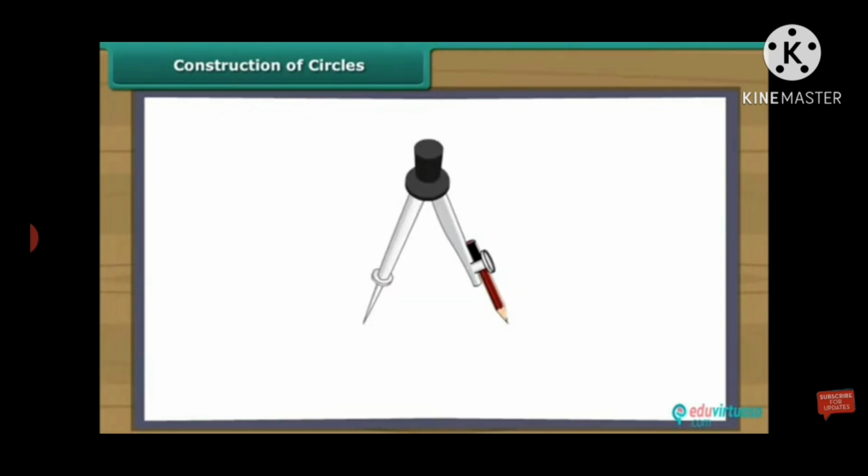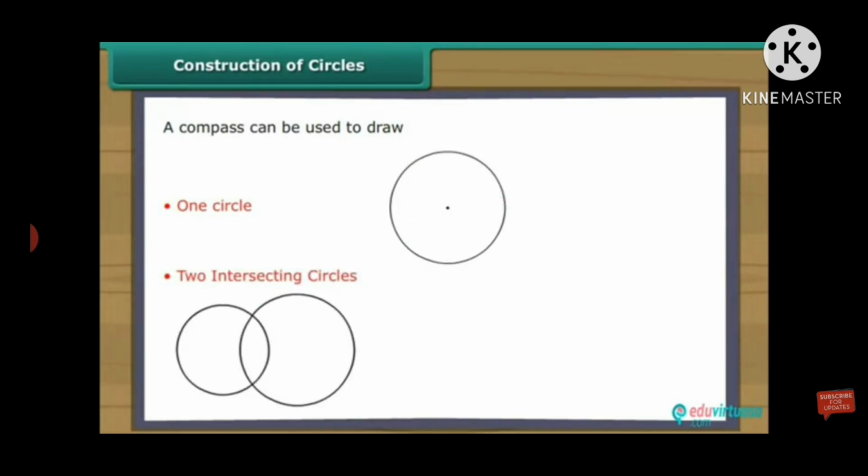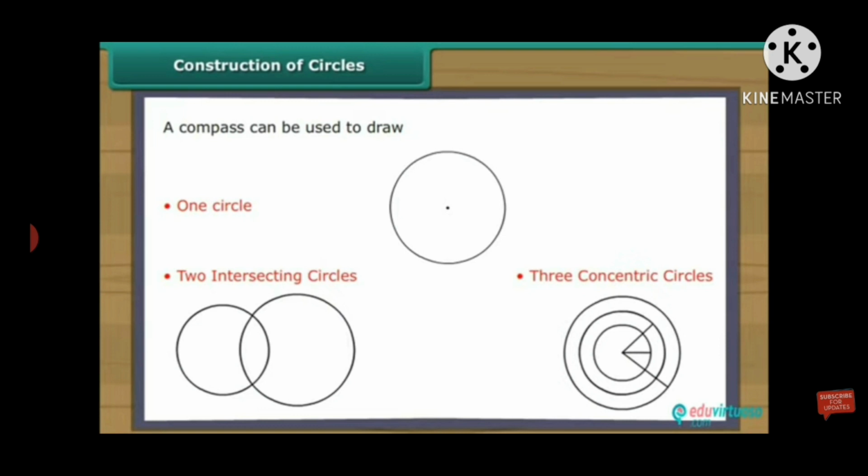We draw circles with the help of a compass. Compass is an instrument with 2 arms. While one arm remains fixed, the other arm with the pencil moves freely. Let us use a compass to draw 1 circle, 2 intersecting circles, 3 concentric circles. 1 circle. Let us draw a circle with 3 centimeters radius.